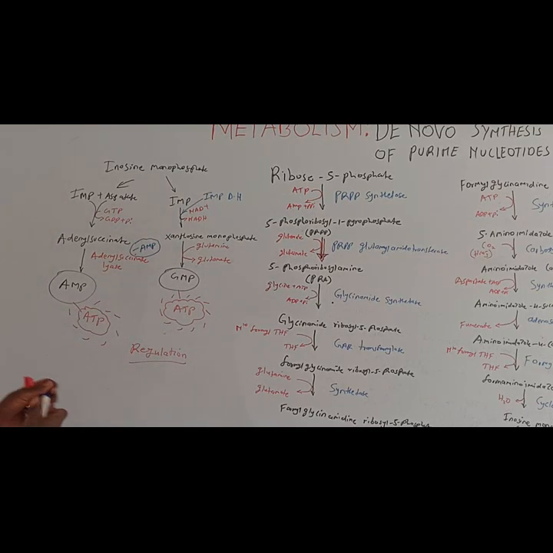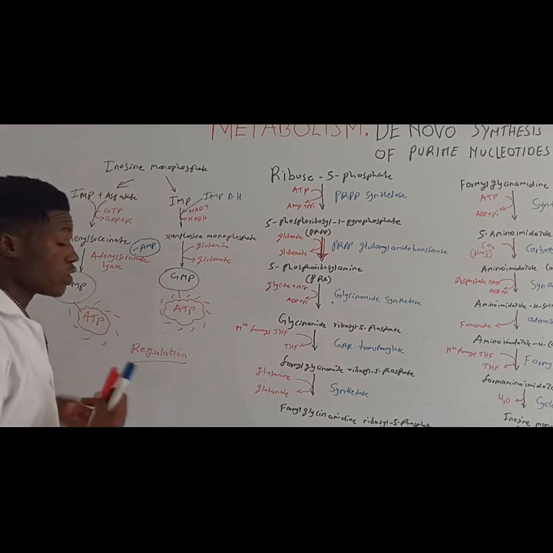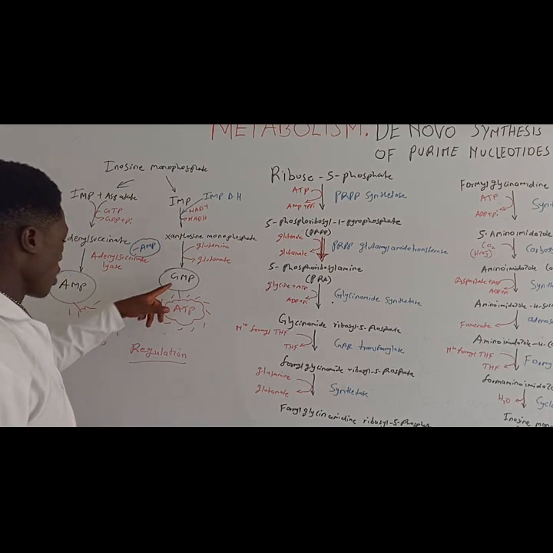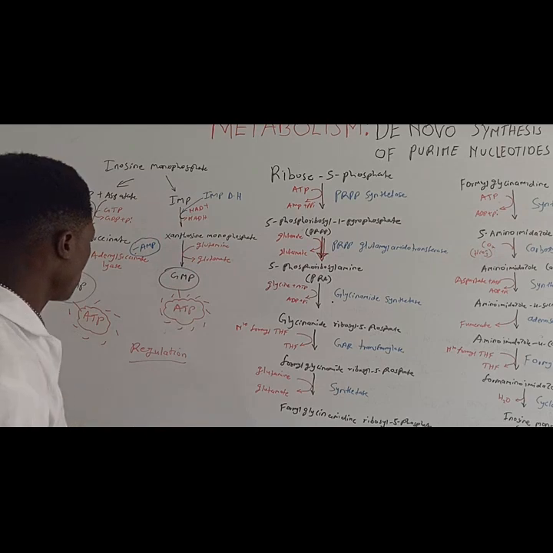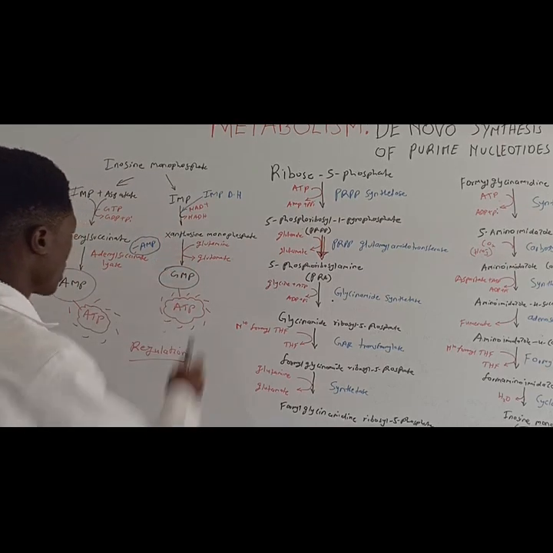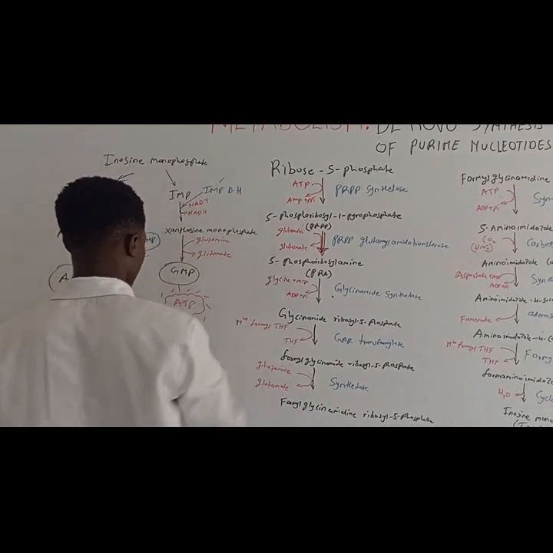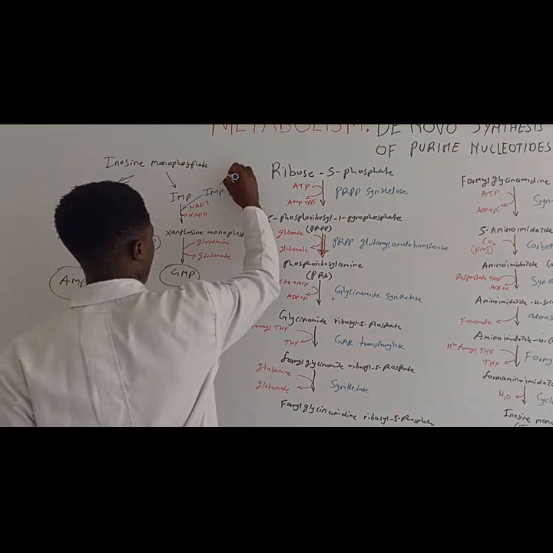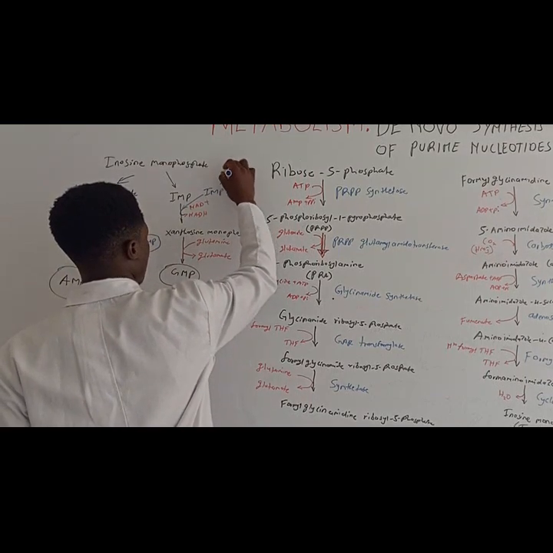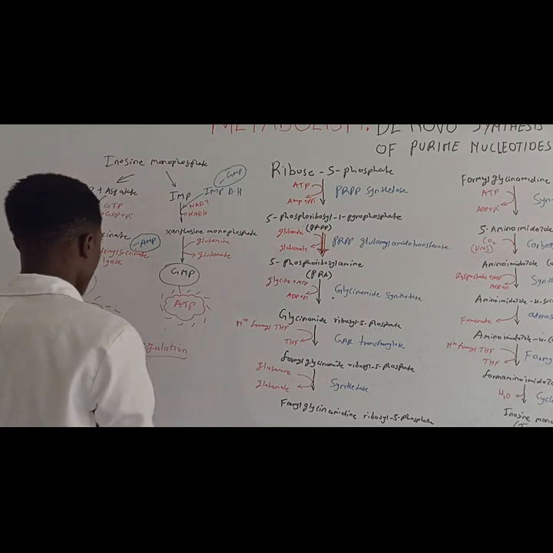Alright. Then also when you have a lot of guanosine monophosphate in our body, we are going to have negative feedback on this particular enzyme here. So it is going to be inhibited by GMP when you have elevated amounts of GMP.